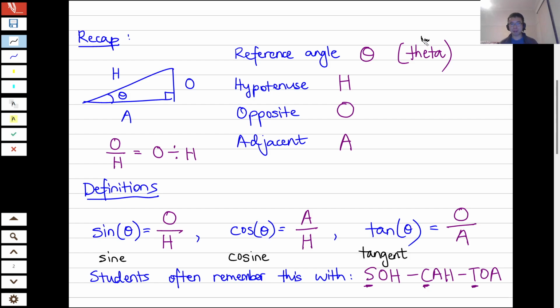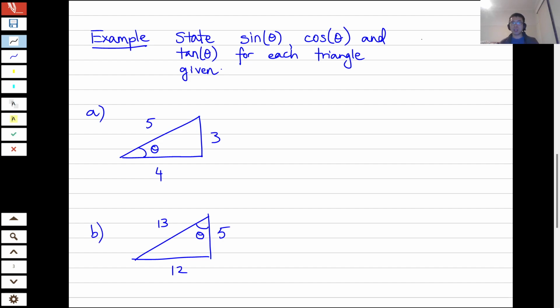I know it's a bit abstract because there are no numbers on this slide. Keep this definition in mind because now we're going to write down sine, cos, and tan when we are given the numbers in the right angled triangle. So let's do a few examples. What I'm asking you to do here is to tell me sine theta, cos theta, and tan theta when I have given you the triangle. So let's do part A. Here's our angle theta.